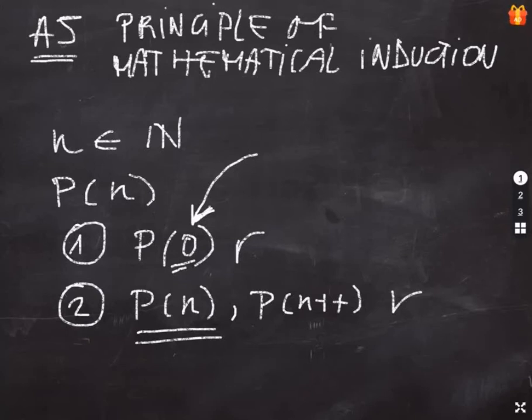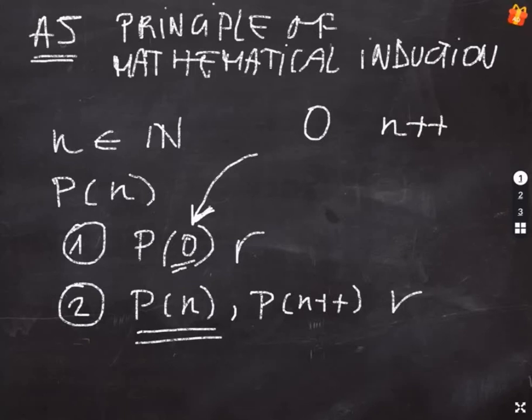Because again, the skeleton or the characteristic of the natural numbers is built on 0 and the fact that n plus plus is a natural number if n is a natural number.